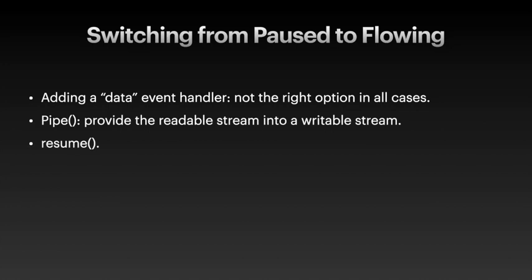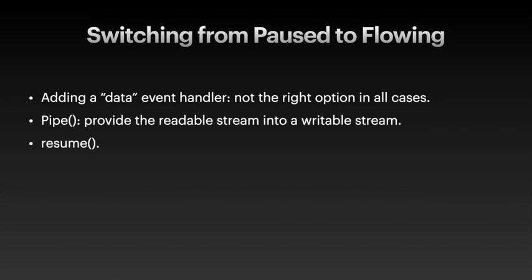All right, how can we actually switch from paused to flowing? We can do this in three ways. We can add a data event handler, which is not really the right way in all cases, because when we pause the stream or when we unpipe the stream, the event handler is not really going to do anything. It will work if we just started this stream.